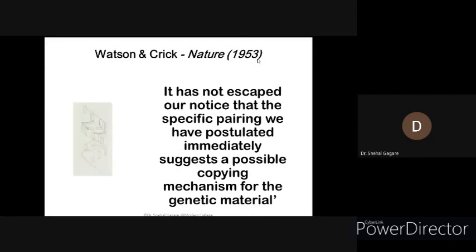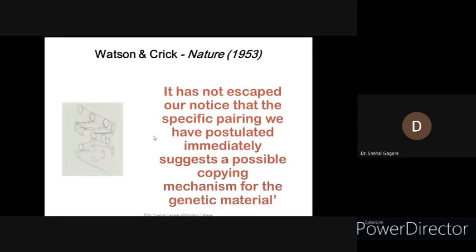But scientists were still trying to find out, using different experiments, how DNA would be replicated. And this is the original diagram which Watson and Crick had first drawn of how the structure of DNA would look.